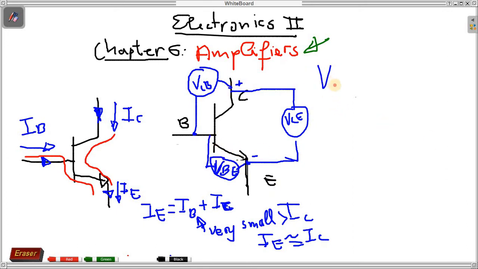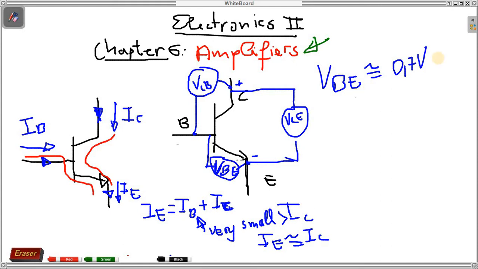And the value of VBE is approximately like the voltage of a diode, which is approximately 0.7 volt.